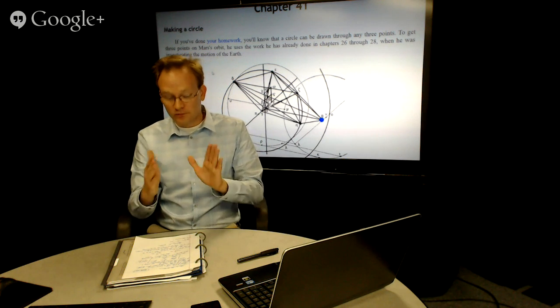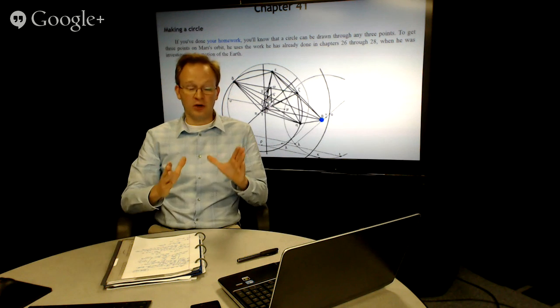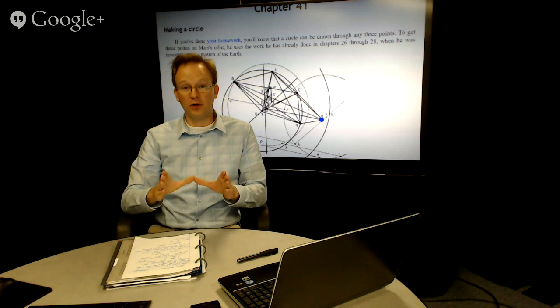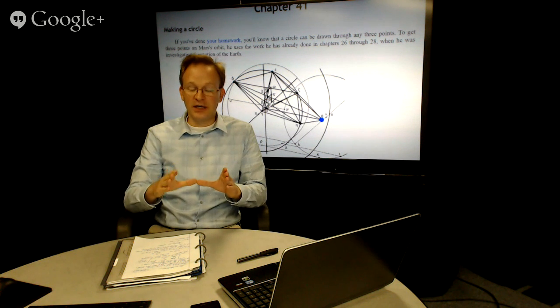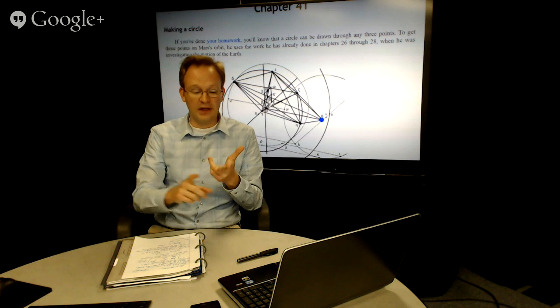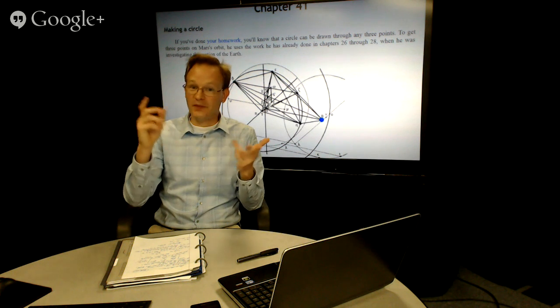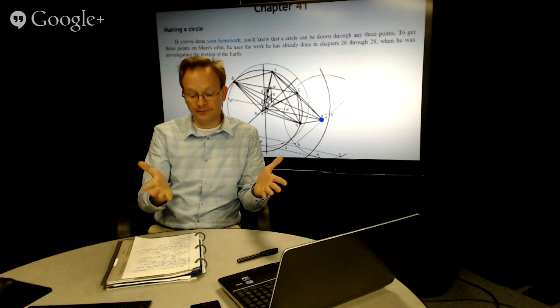So I broke part 4 into 4 chunks. Today we're going to look at chapters 41 through 44, where Kepler shows the second problem back from part 2, that in part 2 he had assumed an equant and that Mars moves in a circle. He is going to, in these chapters, show that Mars definitely doesn't move in a circle.